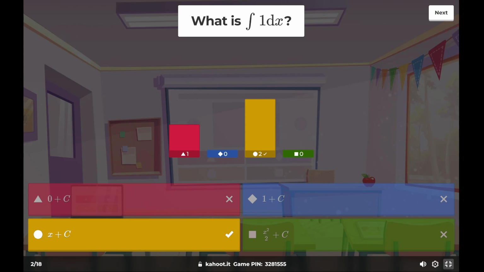I'm going to wait for 1 minute just for more people to join, and then we will continue. In the meantime, feel free to take a look at your notes about the integration rules, because we're going to use them quite often.